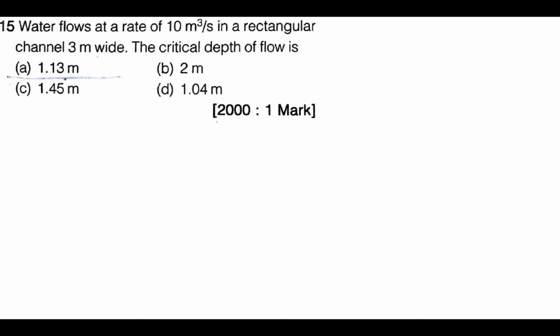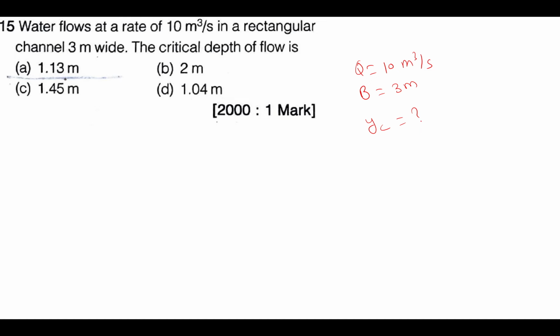Now moving ahead to the next question, this is the last question for today. Water flows at a rate of 10 meter cube per second, so Q is equal to 10 meter cube per second, in a rectangular channel 3 meter wide. Your B value is given as 3 meter. The critical depth for this, yc is equal to what?